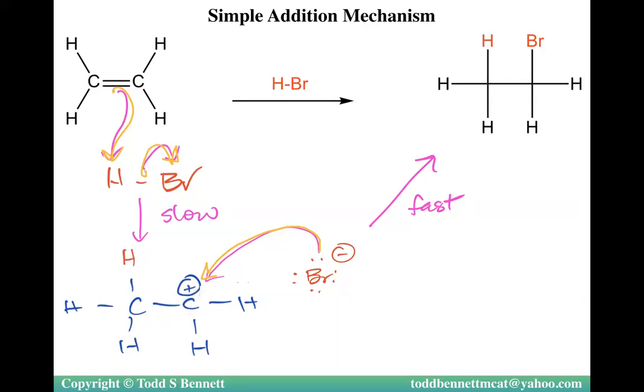So it's a simple mechanism, and you're going to find that most reactions follow something like this when it's one-at-a-time addition. We add first the H, then the Br. For anti-addition mechanisms, it's almost always the case that one goes on the less crowded side, and the second one comes into the more crowded side.